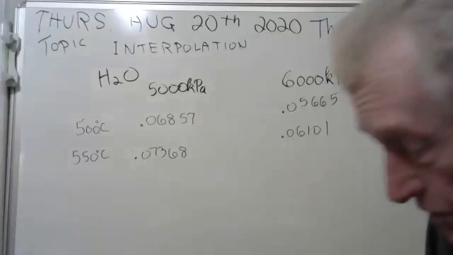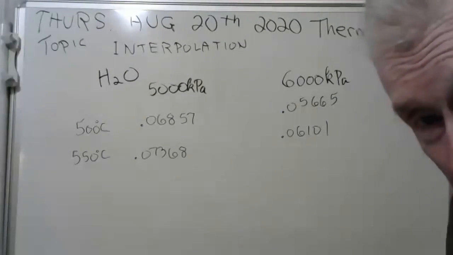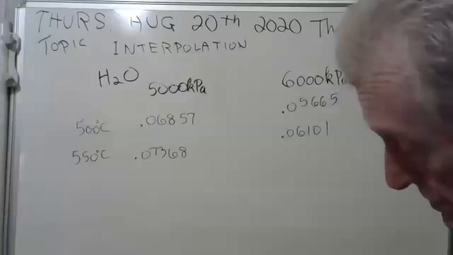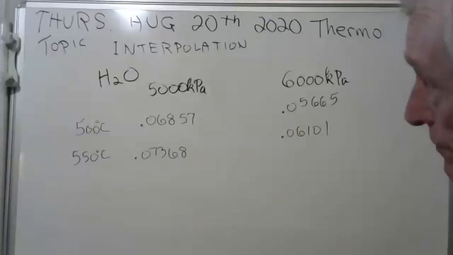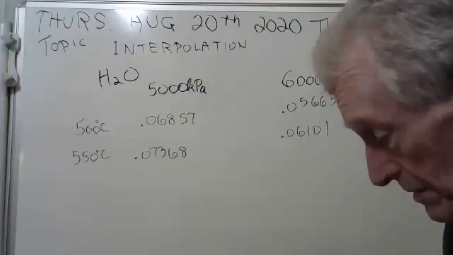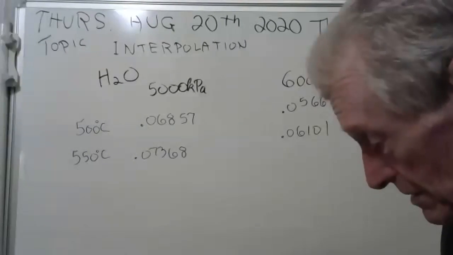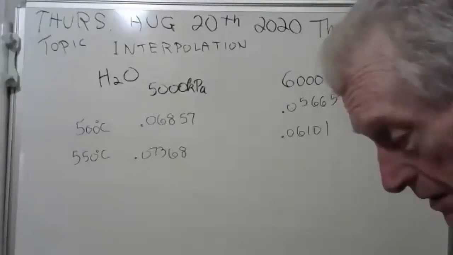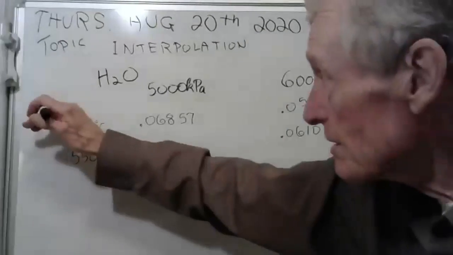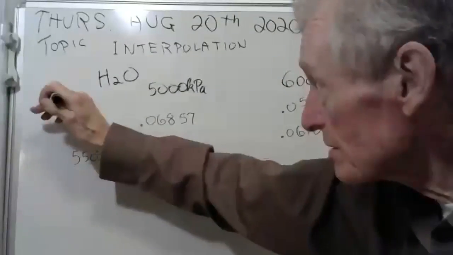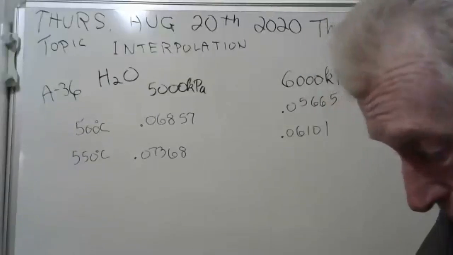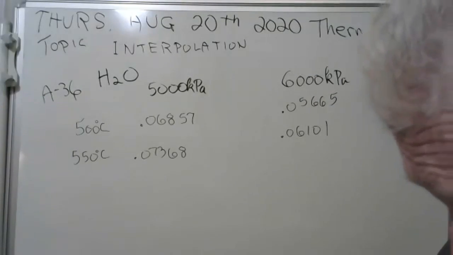But let me show you where those are, so you can look them up. Back in here is a steam table. Let's see. Yeah, here it is. It's Appendix A36 in the back of my book, or in your electronic book.